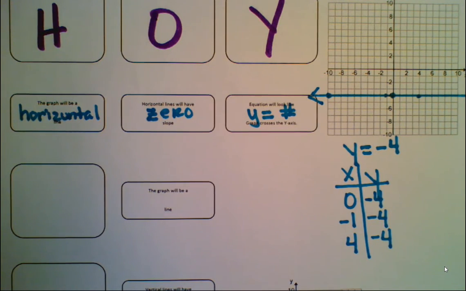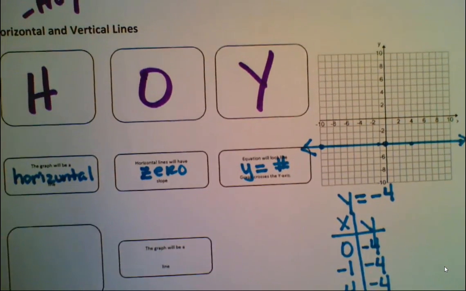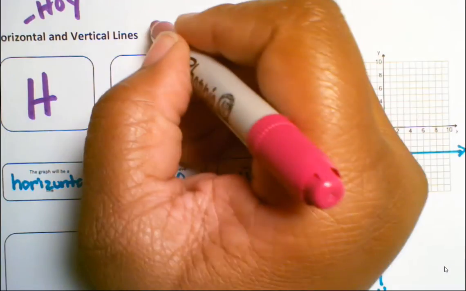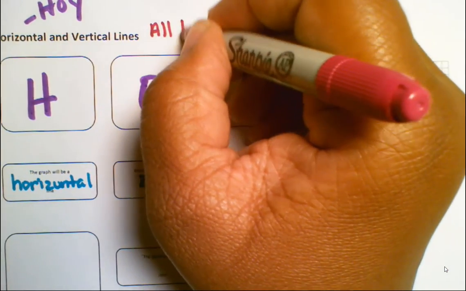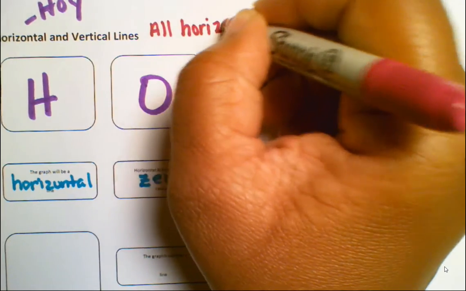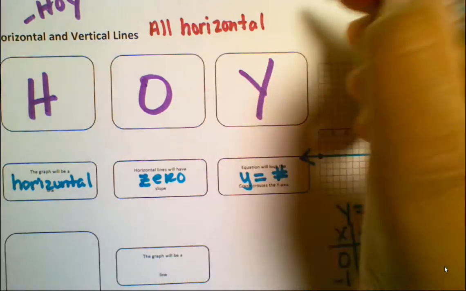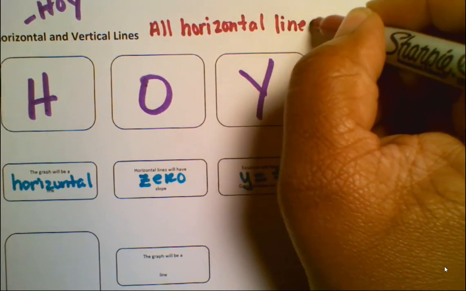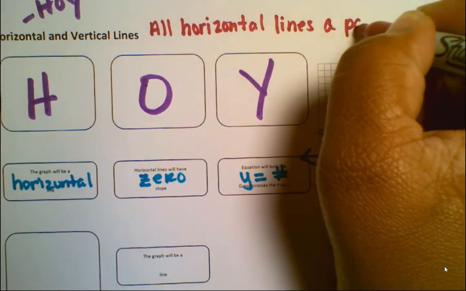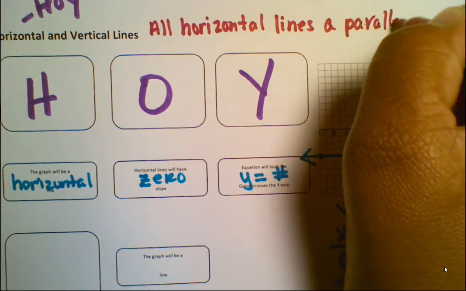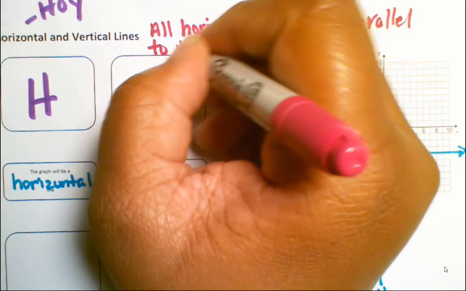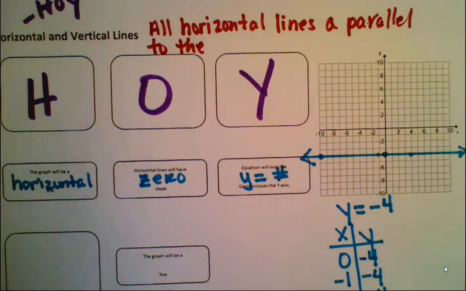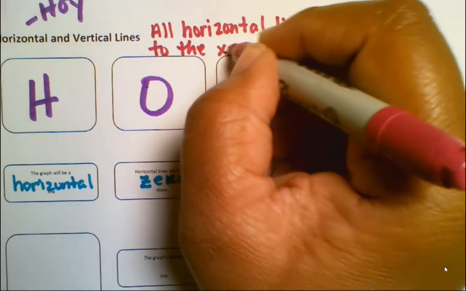Another way to look at this is that all horizontal lines are parallel to the x-axis.